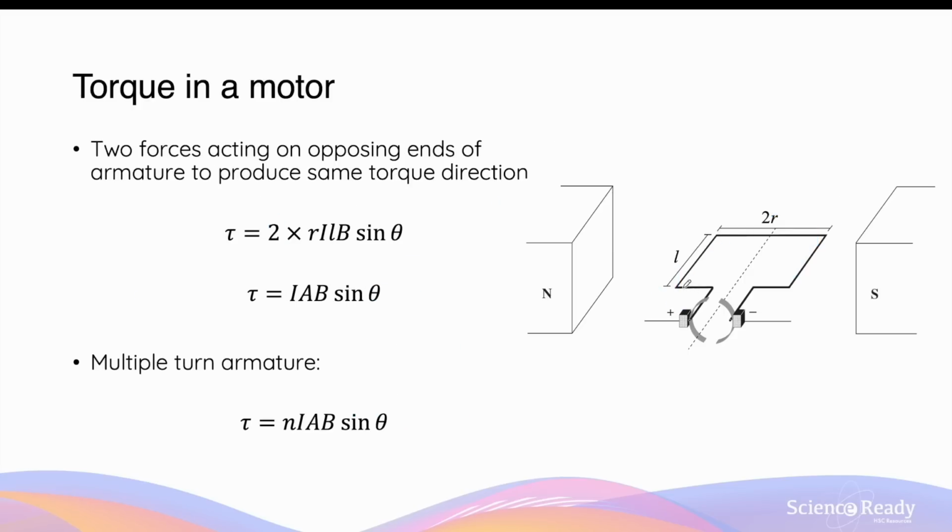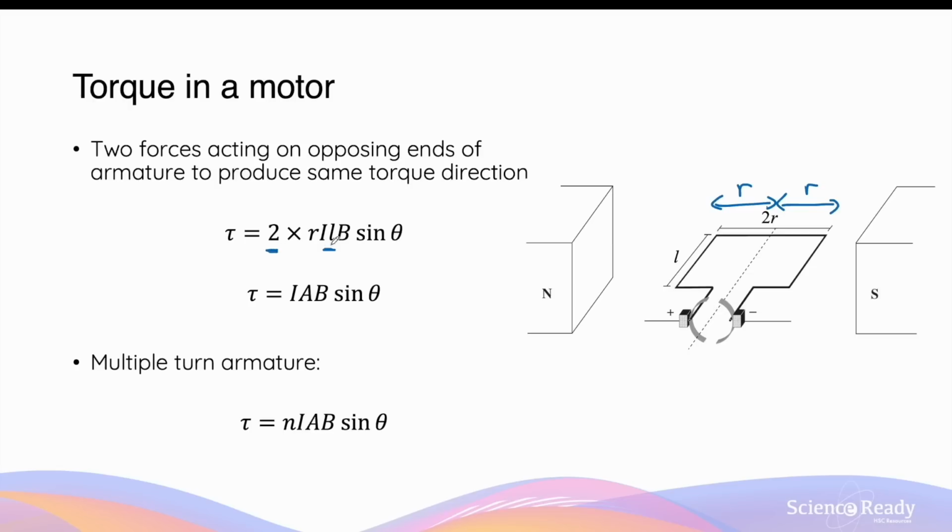Now, if we examine the dimension of the armature closely, we realize that one side of the armature is L, the length of the current carrying coil inside the magnetic field, which is in my equation already. The other side of the coil, which is the width, is actually 2r, where r, remember, is the lever arm, the distance between the pivot where the axle lies and the point at which the force is applied. So the width here is double the length of r, so 2r.